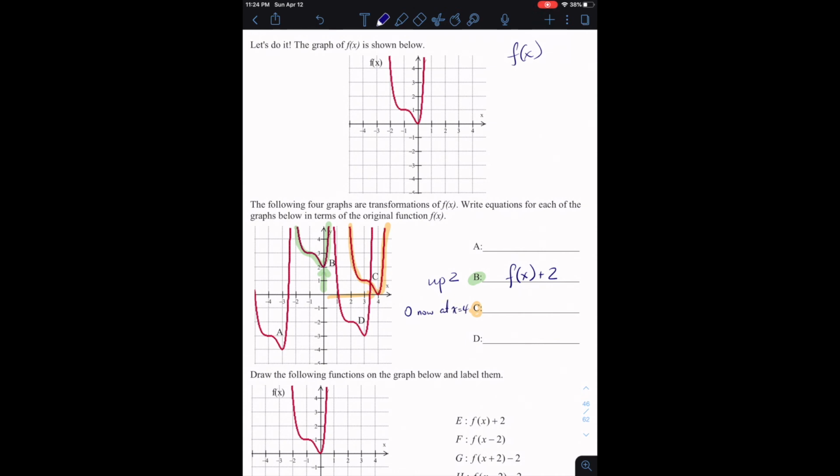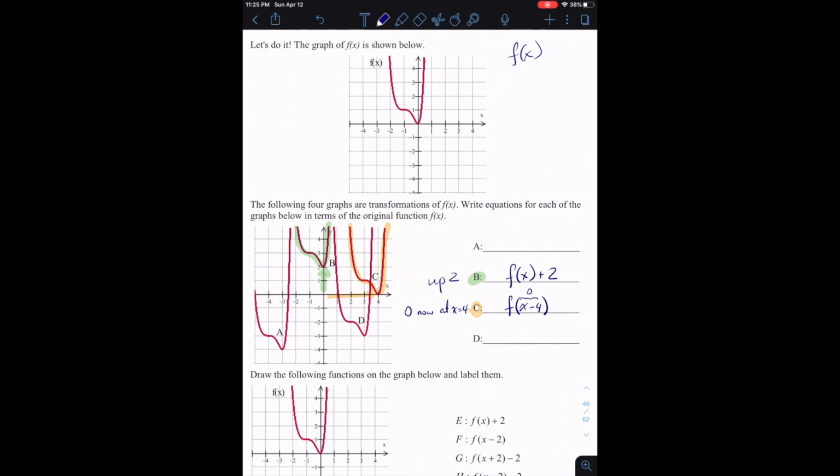So instead of 0 being at x equals 0, 0 is now at x equals 4. So we messed with the value of x in here. To make this 0 when x equals 4, don't we have to have an f of x minus 4? Because when x is 4, this whole thing is 0.